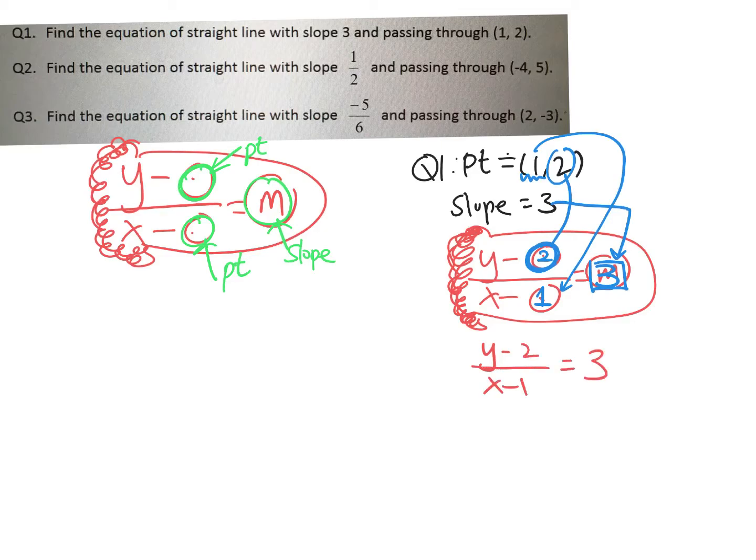Basically this is the equation, however we need to make it nicer, so we move the denominator to the right, and we have this.